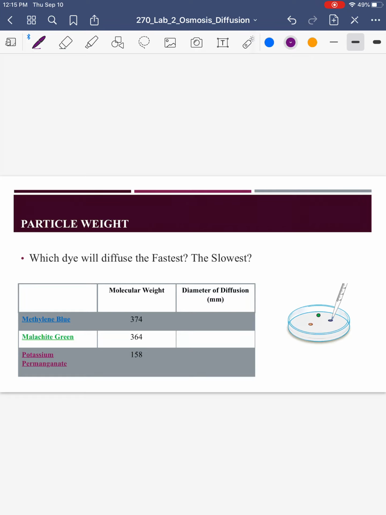One is blue, one is green, one is purple, the potassium permanganate, even though here it kind of shows the potassium permanganate is orange. And just by the nature of the dye, they are different weights. So my question to you is, out of these 3, now that we can see which of the dyes are a heavier weight and which are a lighter weight, which will diffuse the most through the agar? And remember, this is independent of size.